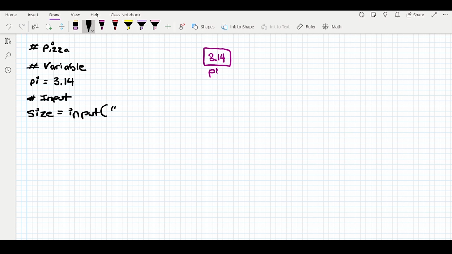And inside I'll have a little message, pizza size. And I'll leave a little space so that way when it prints to the program and the person enters a number, the number isn't like right next to the E, because it just looks strange to me.